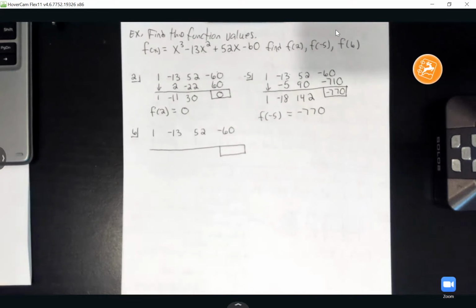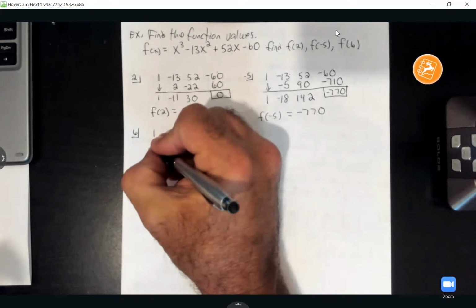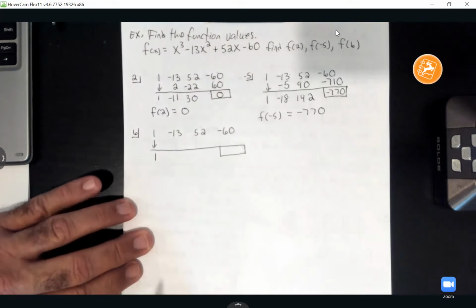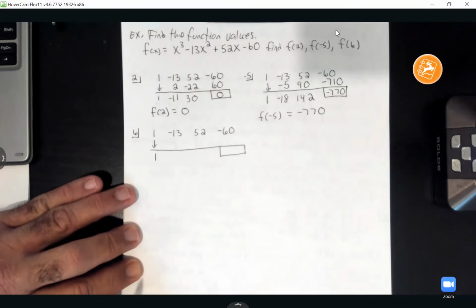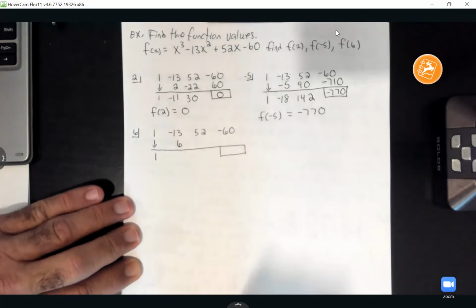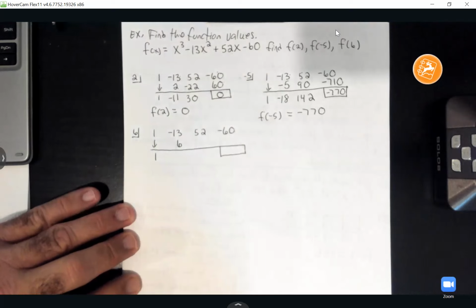Bring your 1 down. All right, y'all, so let's do it. Bring the 1 down, then what are you doing? 1 times 6. So 1 times 6. 6 goes under the 13. There you go. So then, what's negative 7?